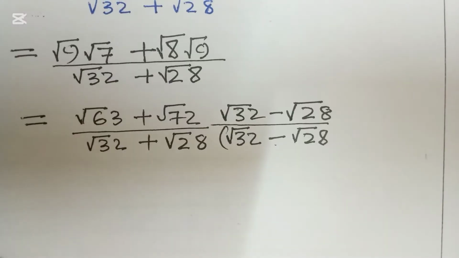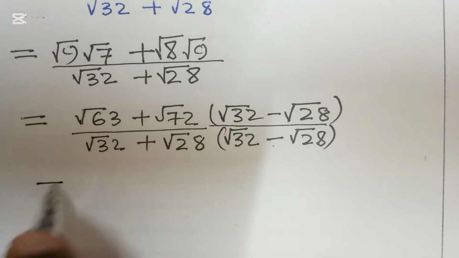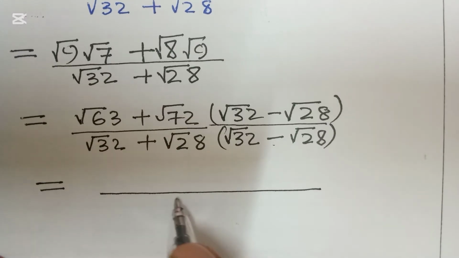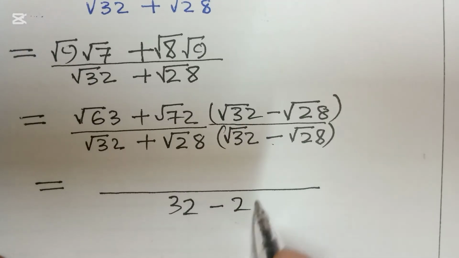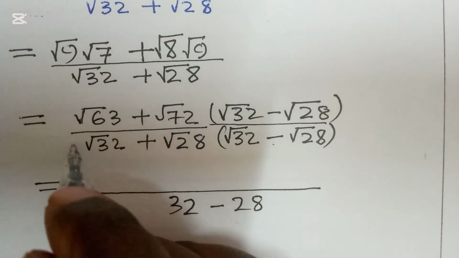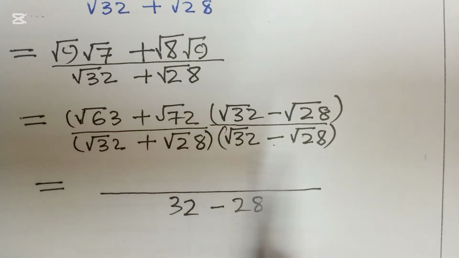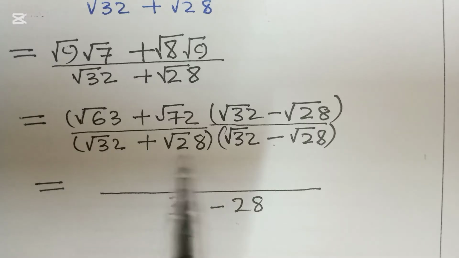In multiplying that, for the denominator it is easy, because we shall have 32 minus 28. That is brought about by the difference of two squares. When we come to the difference of two squares, we just multiply this value, then minus, multiply this value. That is expanding the whole equation.